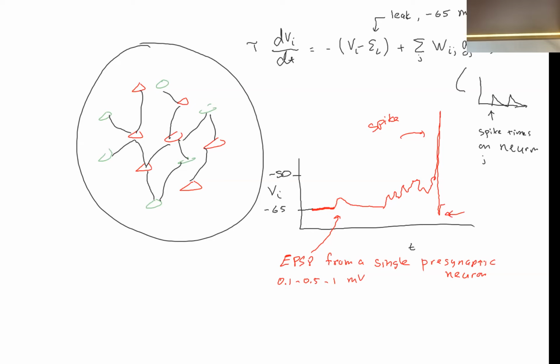For real neurons, you've got linear integrate, Hodgkin-Huxley, quadratic integrate, all about the same.